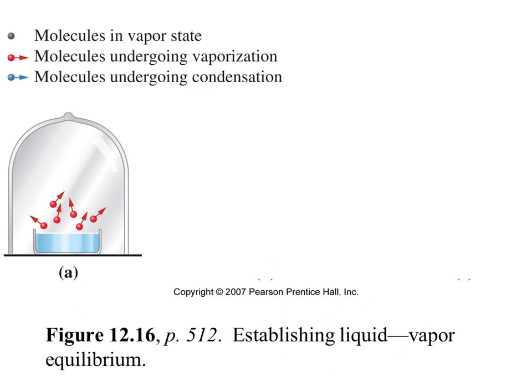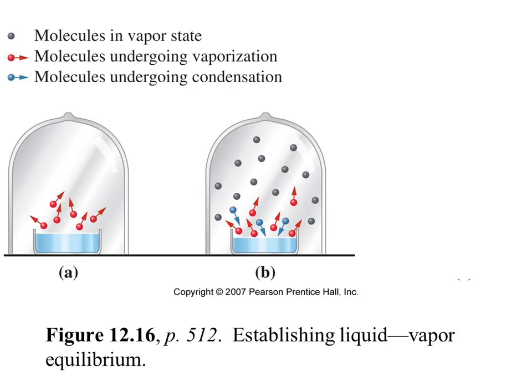What I just said, given time, is what you're going to see from left to right. The little red things are what? Evaporation, liquid going to a gas. Given a certain amount of time from left to right, now you have some condensation. Those little gray particles are gas particles that saturate the space above the liquid.